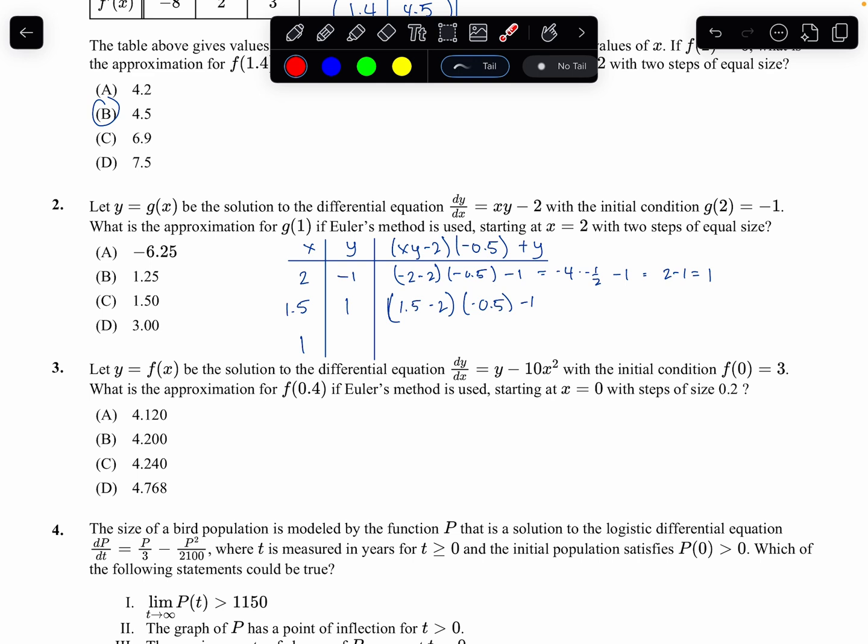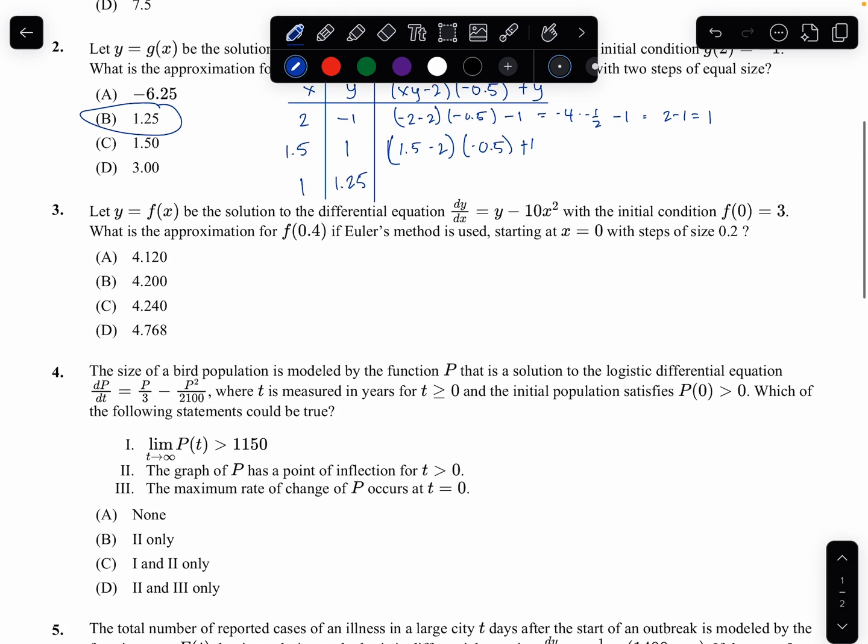No, I'm not getting the right answer. It's +1. This is +1, that's why. I just copied it down from above, but it's +1. There we go. So in that case, 1.5 minus 2 times negative 0.5 plus 1, we get 1.25. There we go. That's an answer. 1.25 will be, yep, B.